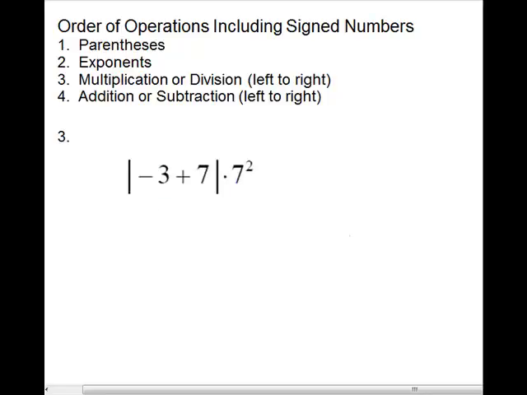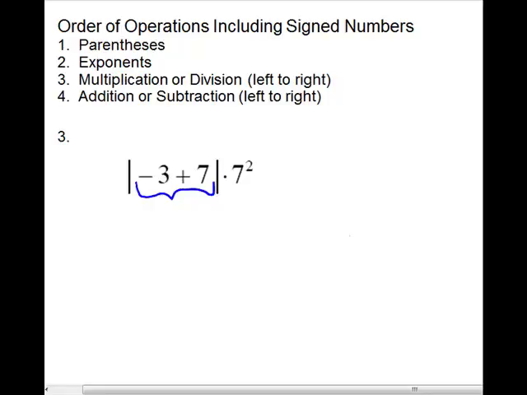Our next problem has a different type of grouping symbol. It has an absolute value, the straight lines. These are still going to go on level 1. All grouping symbols go on level 1. And for an absolute value, we will start inside and work our way out. You will do the absolute after you finish inside. So inside we have different signs.